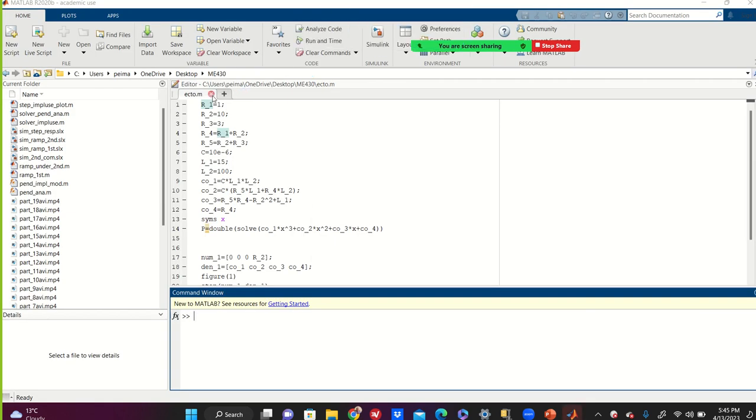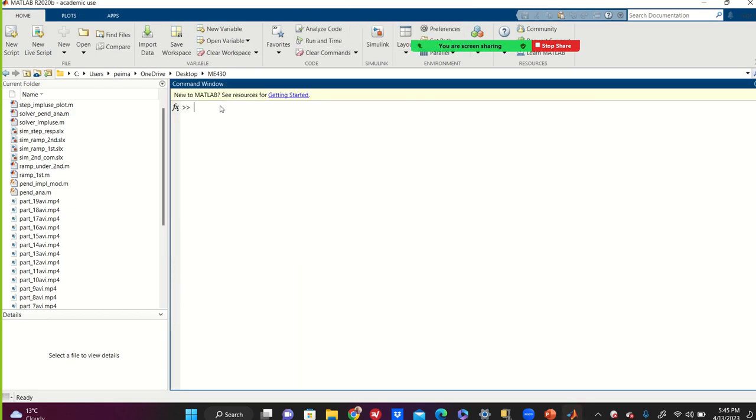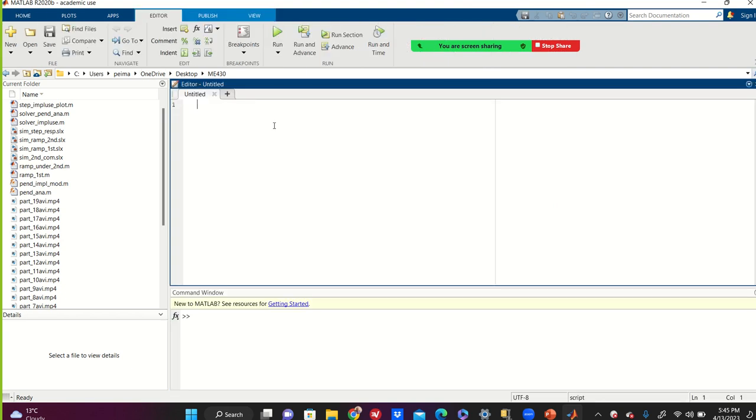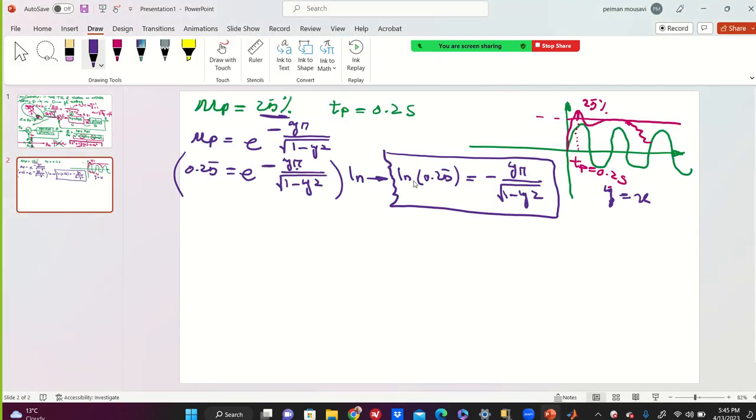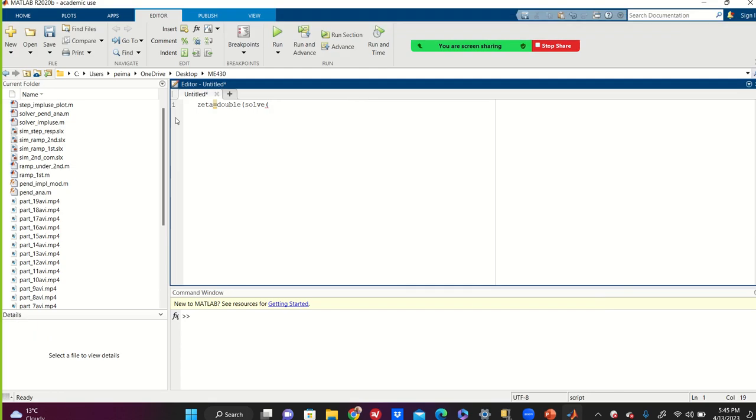Okay, so what I'm going to do, I'm going to say zeta is a double, because remember, solve, which solve? This equation right here. First I have to define this with syms x.